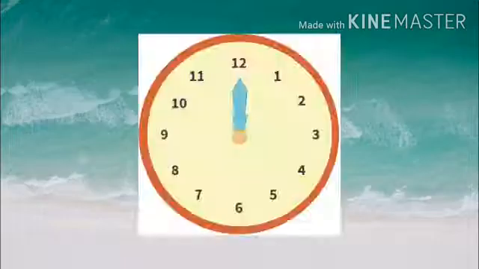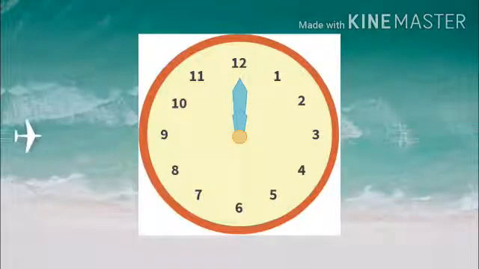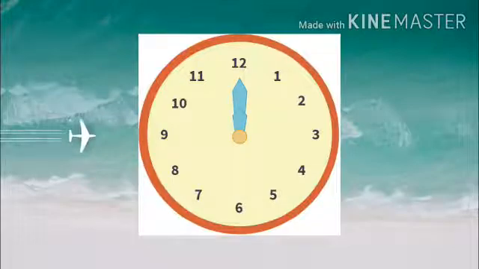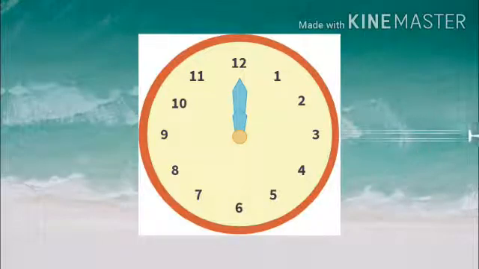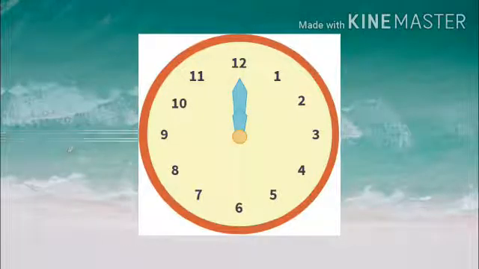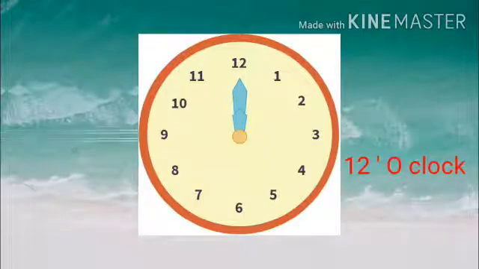When the minute hand is at 12, we can say the time as o'clock. In the given figure, the minute hand and hour hand both are at 12, so the time will be 12 o'clock. Note down this in your notebook.